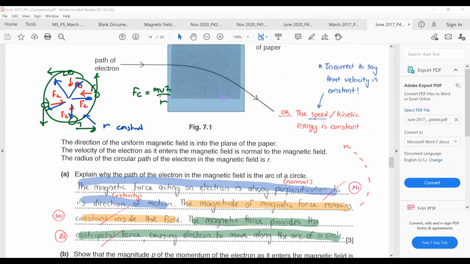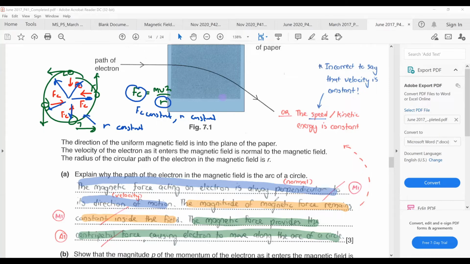Your radius r is dependent on your centripetal force. If your Fc is constant, that means your r will be constant. So you move in a circle. If on the other hand, your Fc changes, your r will change.